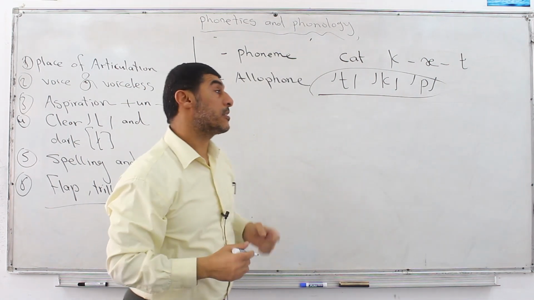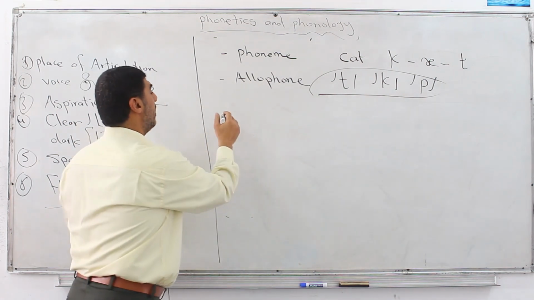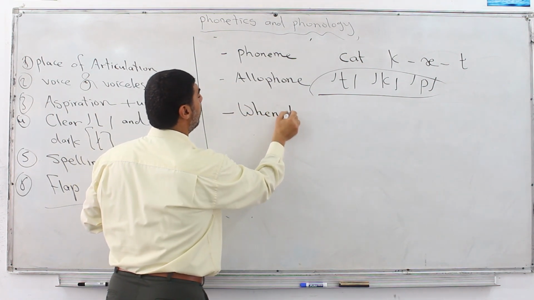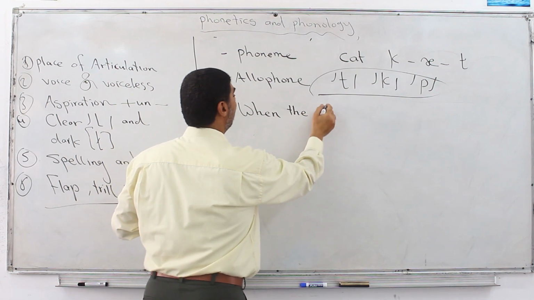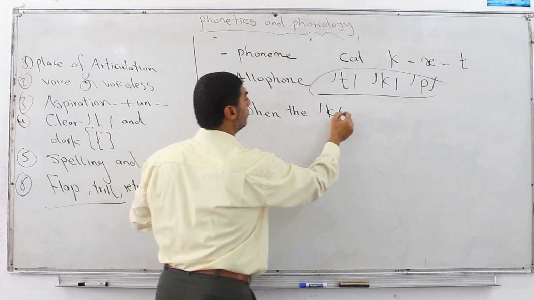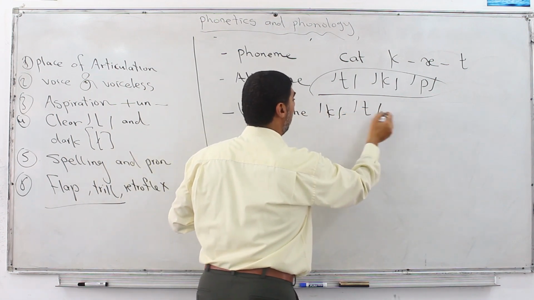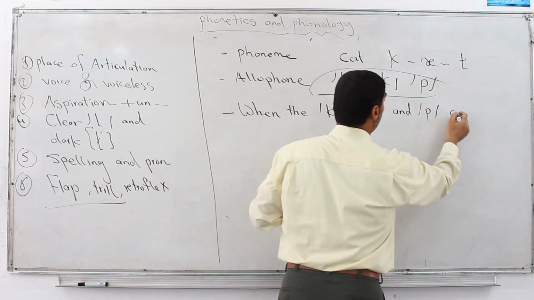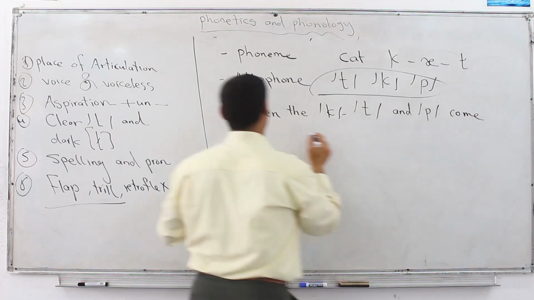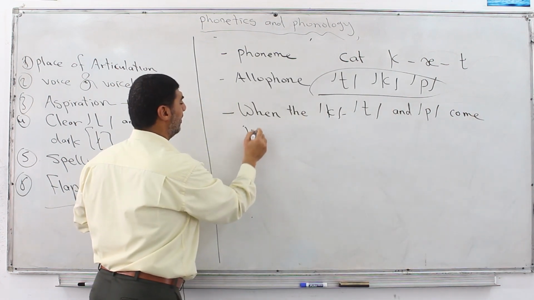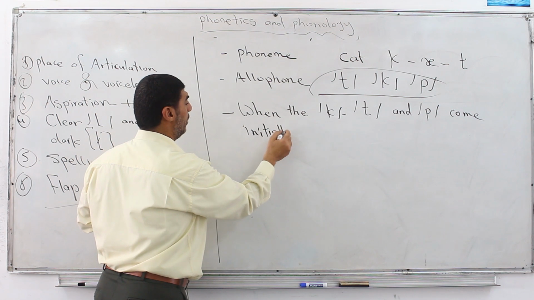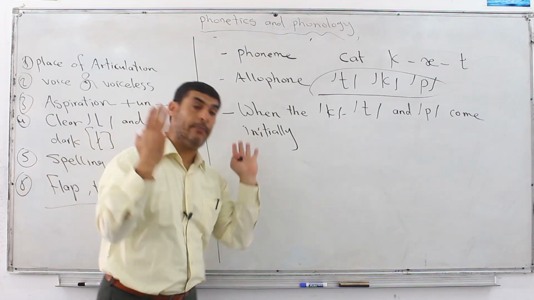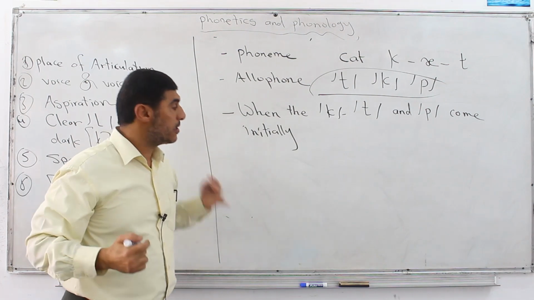What is important about these voiceless consonants is what happens when k, t, and p come initially, I mean when they have an initial position, at the beginning of a word or a syllable.